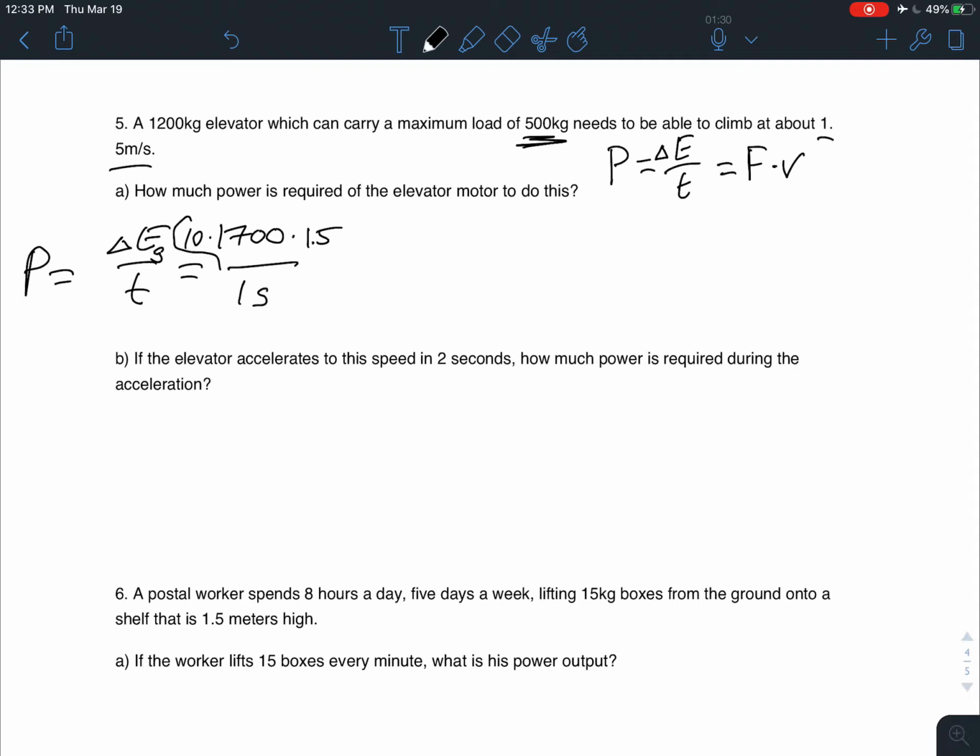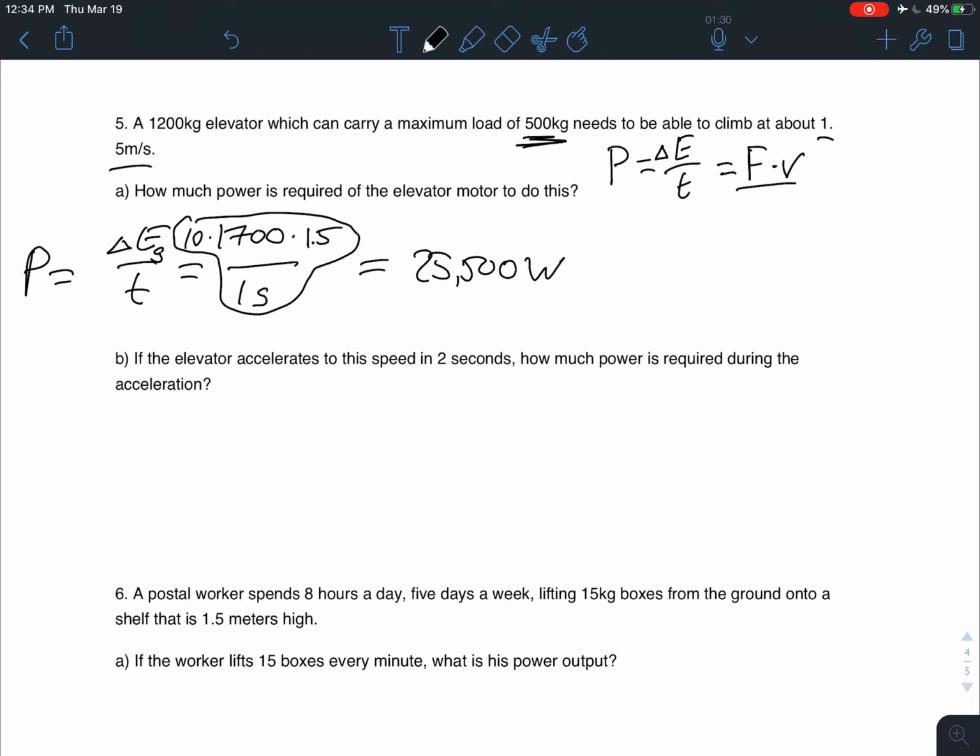So this calculation here, this is how much the EG changes in 1 second. And that's going to be 25,500 watts.